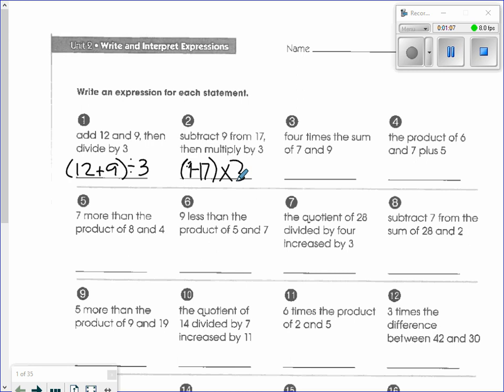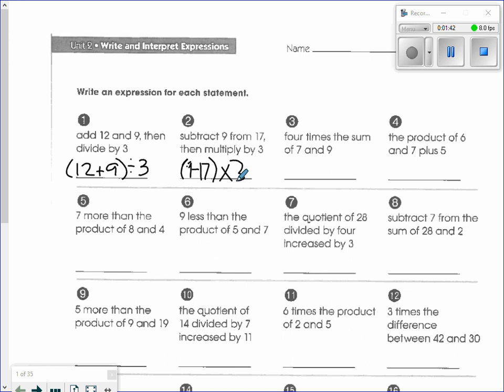This one, when it's subtracting, is a lot more complicated because they say subtract 9 from 17. Just because the number 9 comes first and then 17 does not mean you write it 9 first and then 17. 9 from 17.